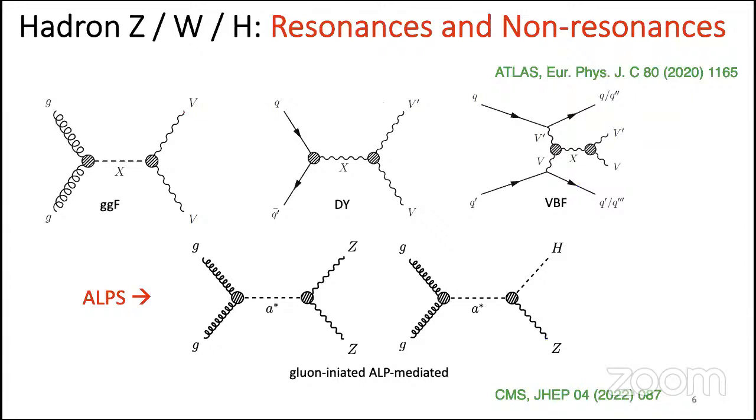Typically, the models of diboson resonances rely on these mechanisms: gluon-gluon fusion, Drell-Yan, and vector boson fusion. We focus on the first two, and we also use these mechanisms to analyze the ALP-mediated process.